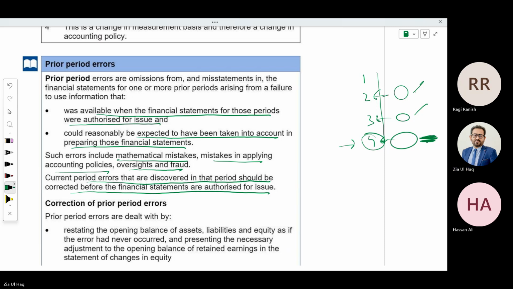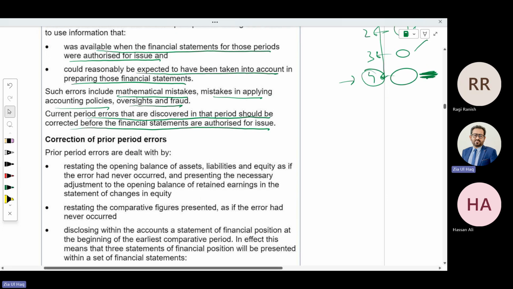Okay. Correction of prior period errors. Prior period errors are dealt with by restating the opening balance of assets, liabilities, and equity as if the error had never occurred. Meaning if the error has an effect on assets or liabilities, that opening balance should also be restated.